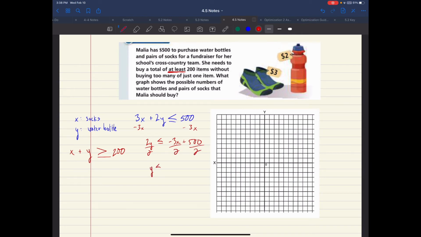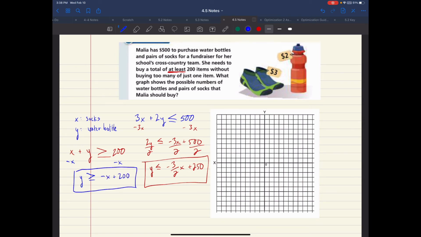So y is less than or equal to negative 3 halves x plus 250. I'm going to box that one. I'm switching colors with these, but that's all right. Let's solve x plus y is greater than or equal to 200. That one's easy, we just subtract x. So y is greater than or equal to negative x plus 200. Those are the two equations I have to graph.